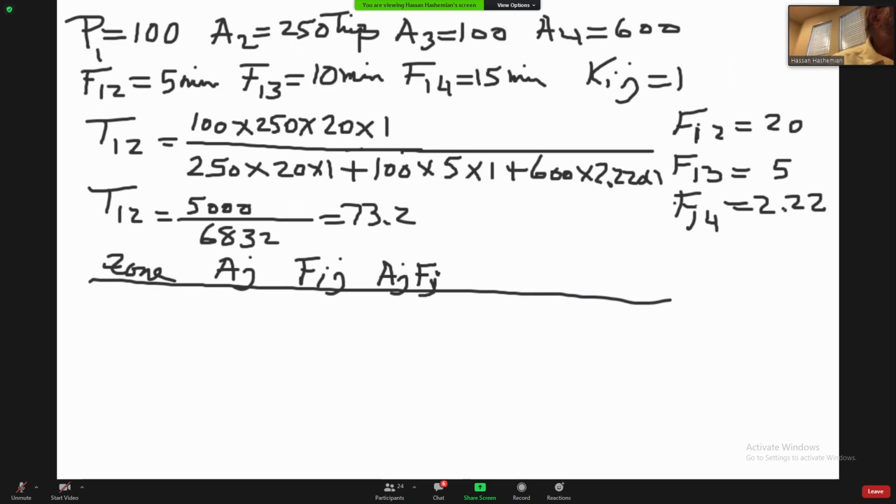Obviously, since Kj is assumed equal to 1, that's why they don't have a Kj there, but you should have that, because on the top numerator, you have Aj Fij Kij.